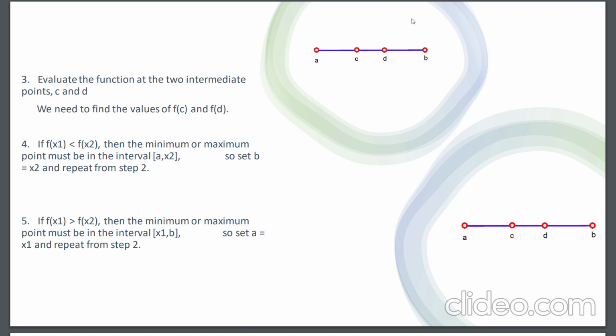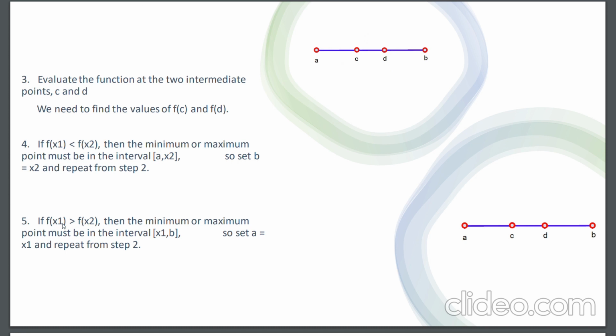After removing this area, we'll be taking the new interval as a comma D. Here it's taken as a comma x2, as we assume x2 equals D. Only this interval is taken, and again we'll be finding new C and D, new x1 and x2, and iteratively we'll be doing that.